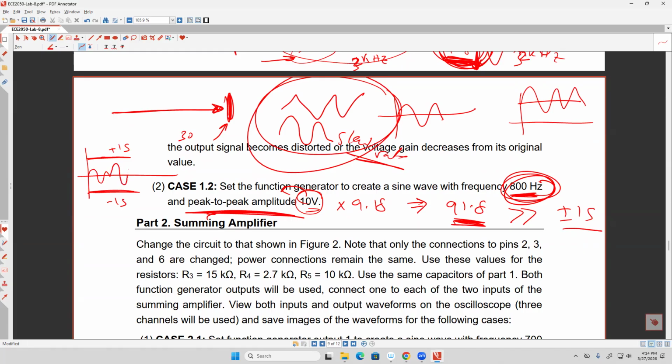If you increase it a little bit, it is still very nice, because the output will increase until you touch the limit. This is your limit. However, more than that, you are going to get a distorted signal. It's not a sine wave anymore. You will see something distorted this way. Okay? This is for the first part.